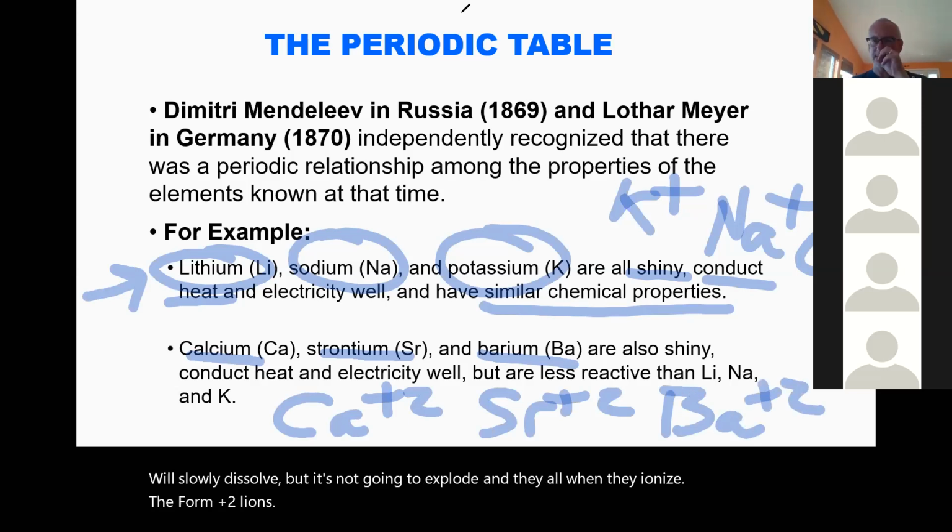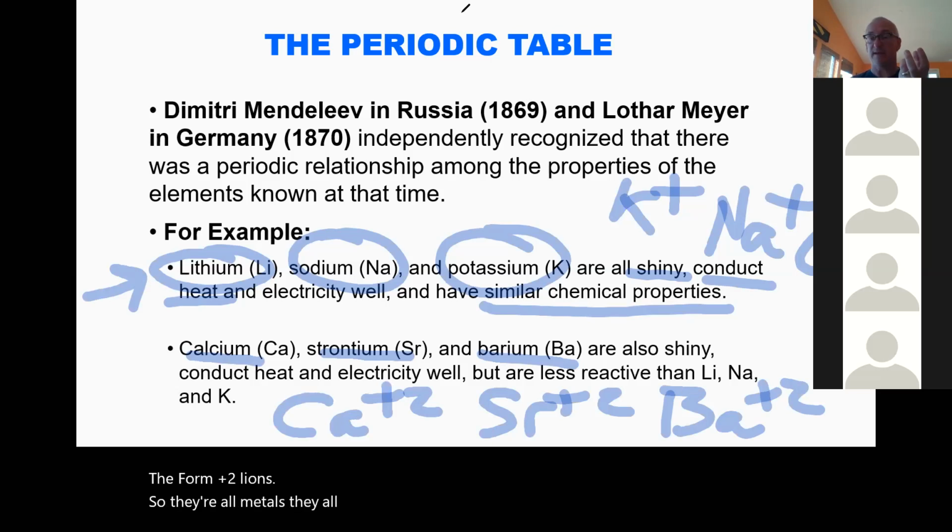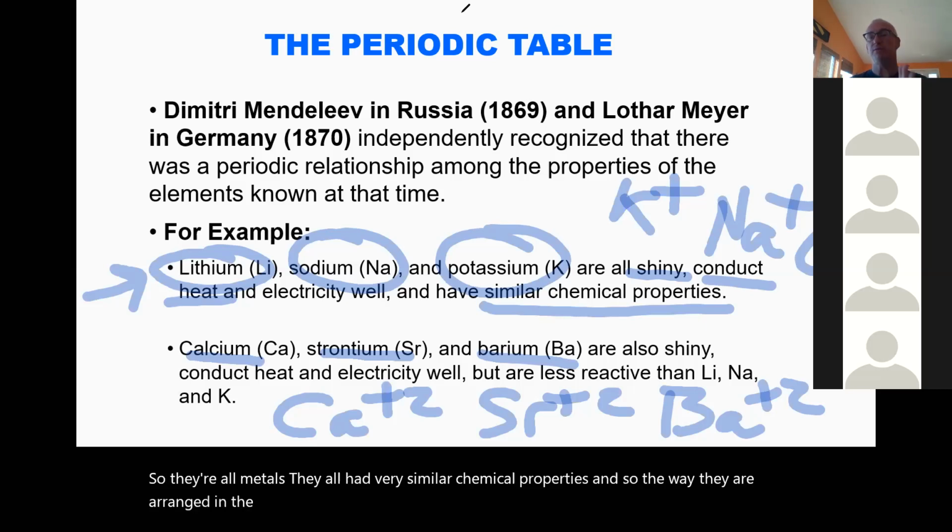So they're all metals with very similar chemical properties, and the way they're arranged in the periodic table shows you that. So it's extremely helpful for figuring out what kind of compounds elements are going to make.